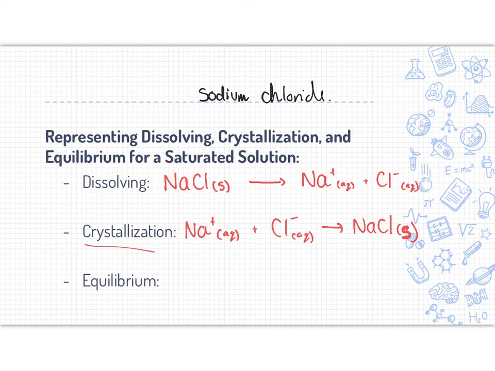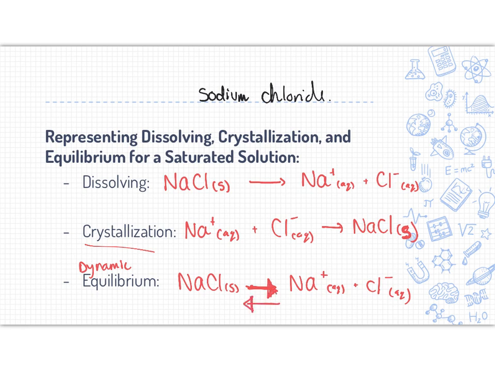All right. So dynamic equilibrium, the equation would be, typically we write like our first one. It doesn't matter which one you write here. We say that we are, of course, getting the dissolving, but we are also getting the crystallizing. So we just add the arrows both ways.